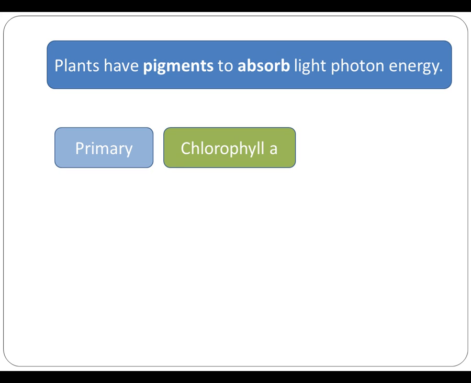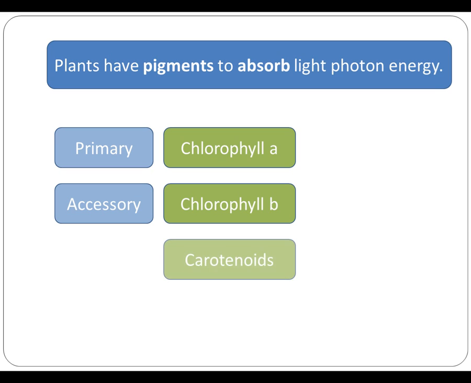It's not the only pigment molecule. There are other pigment molecules called accessory pigments, including a molecule called chlorophyll B and carotenoids. Carotenoids probably reflect which light? Orange. Okay.